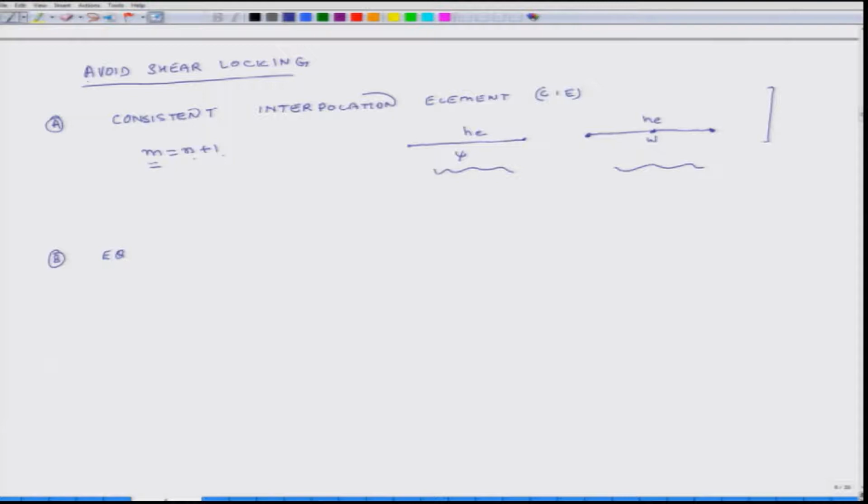So, that is the consistent interpolation method. In the second method, which avoids this assembly problem, this method is known as equal interpolation, but with reduced integration, the reduced integration element, RIE.